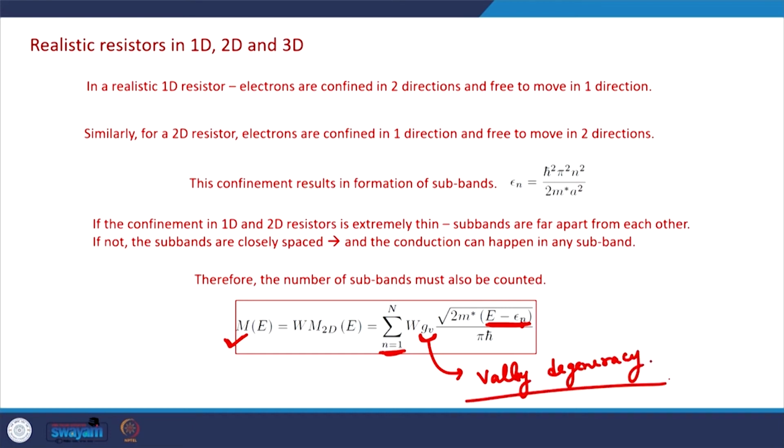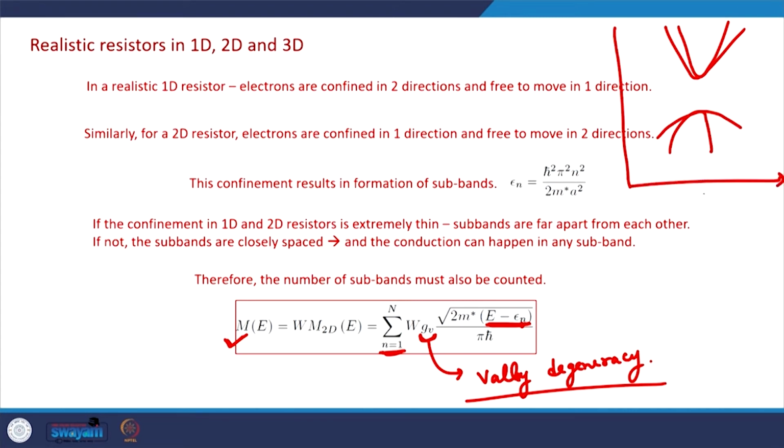So typically what happens is that sometimes in the EK diagram of the semiconductor, we might have a situation like this. This is the EK diagram, or the energy axis can be here as well.